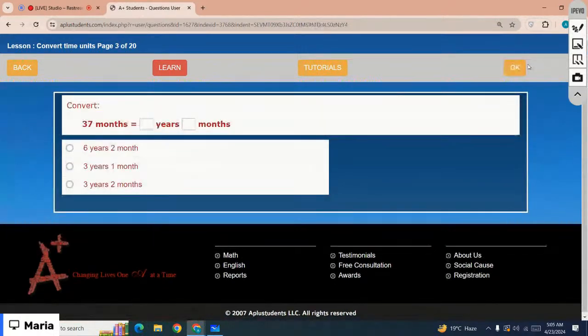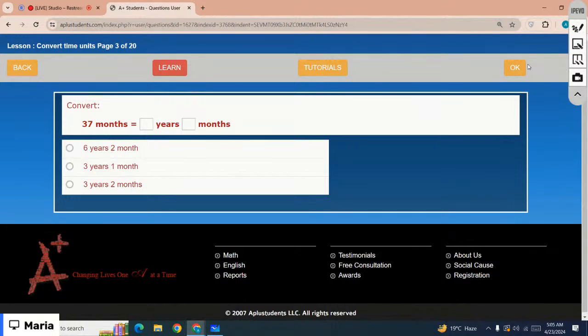37 months equal how many years and how many months? You have to divide.